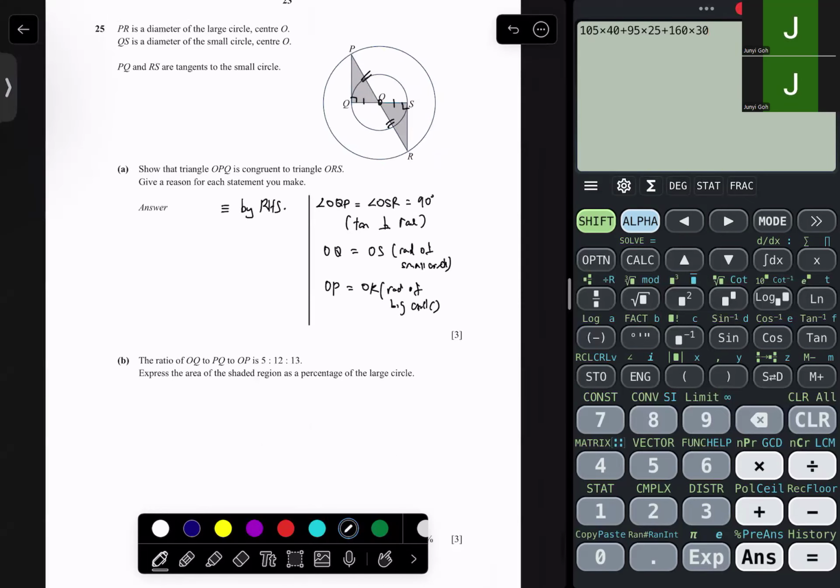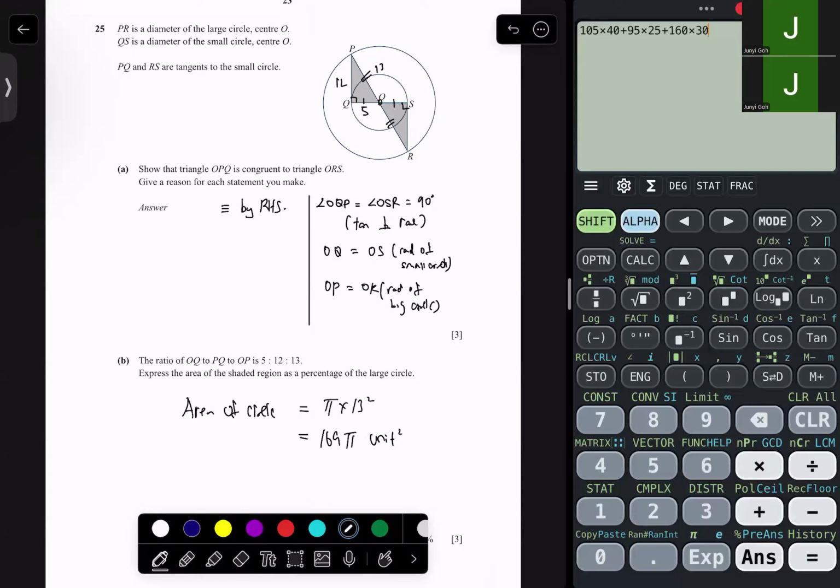So OQ is 5 units, PQ is 12 units, PO is 13 units. So the area of the whole circle is pi times 13 squared. So that means we'll get 169 pi units squared.